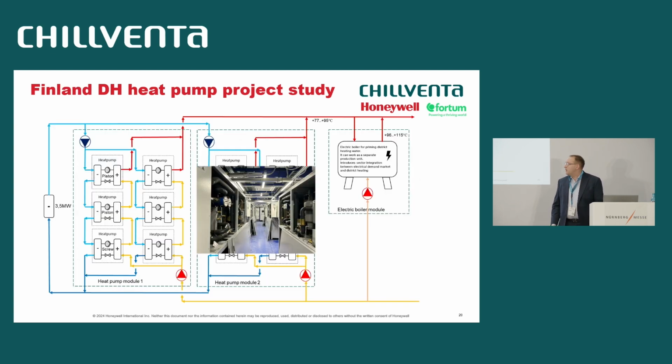So how does this kind of solution look like? You have the heat recovery on the left side, 3.5 megawatts from the data centers. You have 2 heat pump modules and an additional electrical module. And as you can see, it's a good working system, but it's quite complicated. We need a lot of different heat pumps to do this kind of district heating heat recovery.